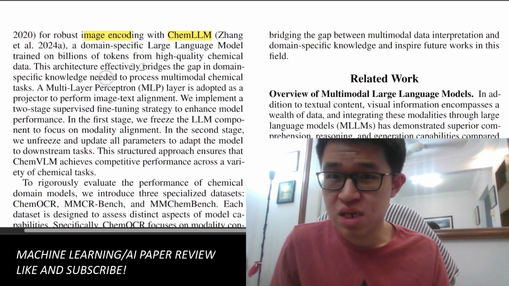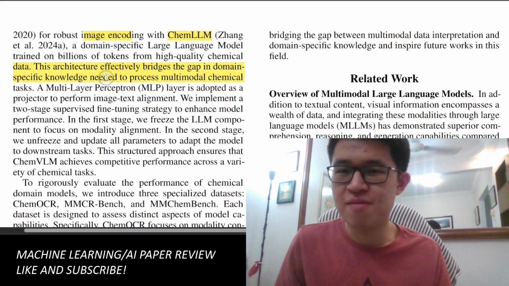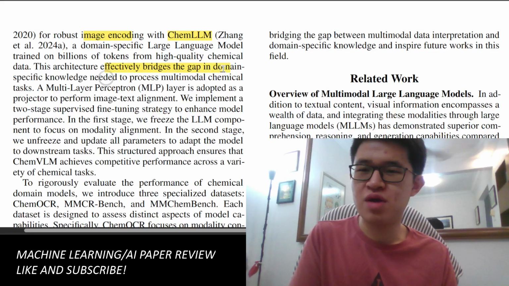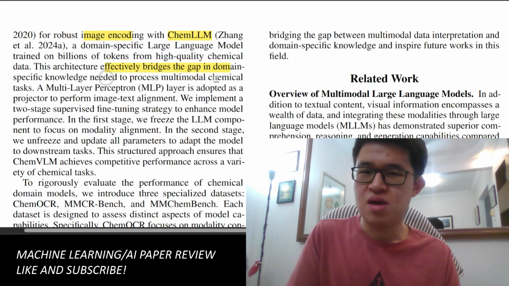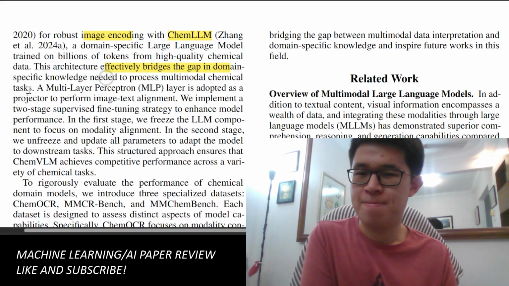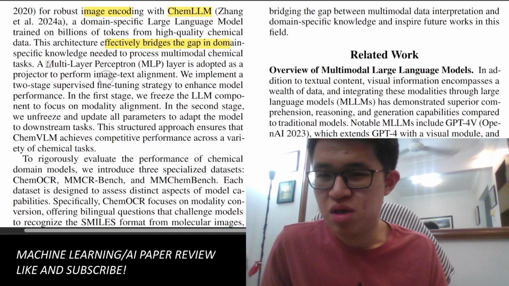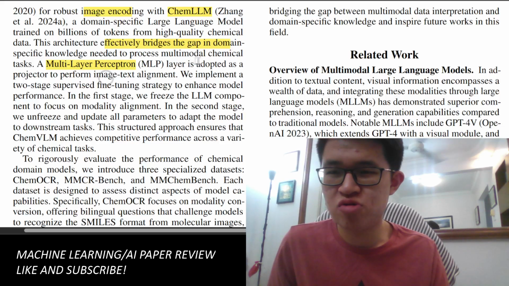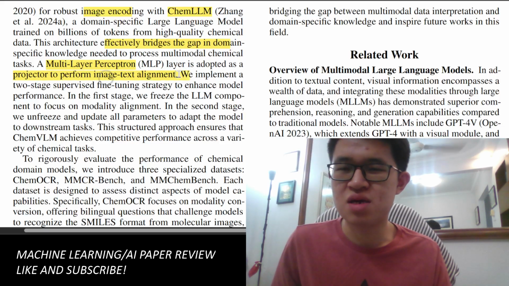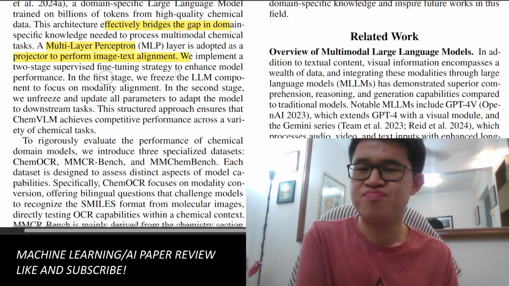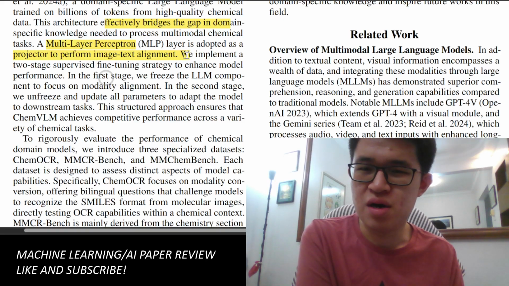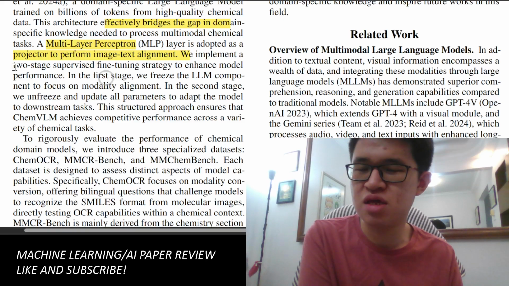And they say this approach bridges the gap in domain-specific knowledge needed to process the multimodal chemical tasks. A multilayer perceptron acts as a projector to perform image text alignment. We implement a two-stage supervised fine-tuning strategy to enhance model performance.